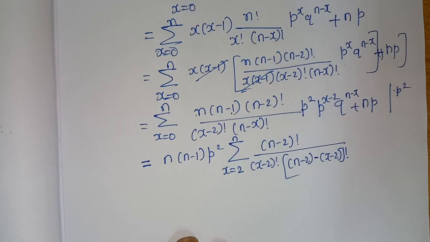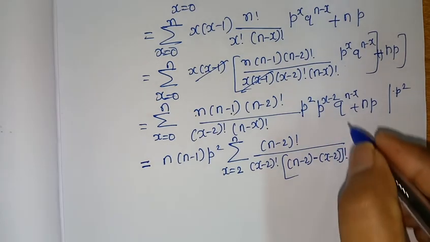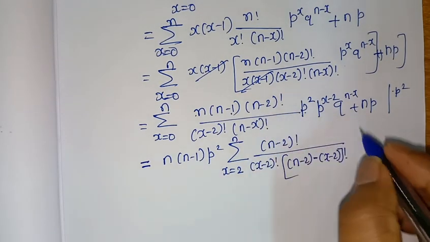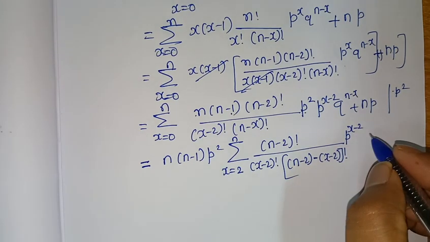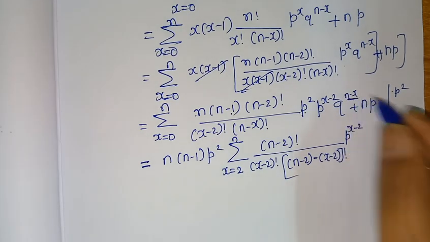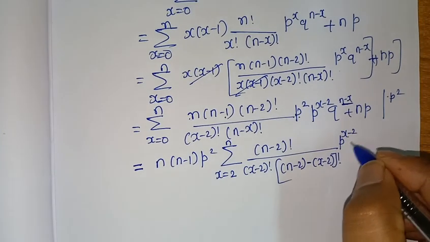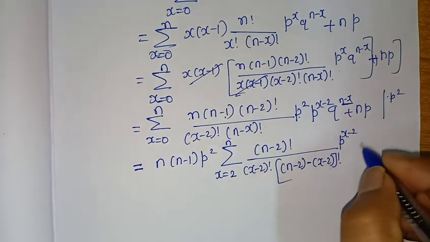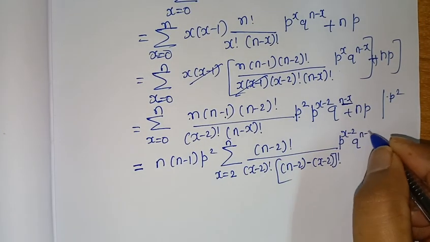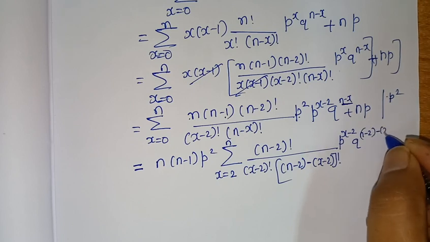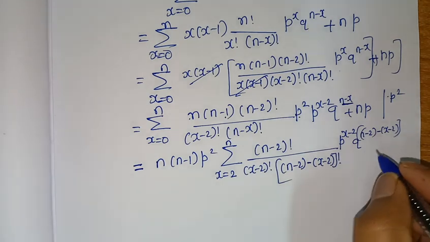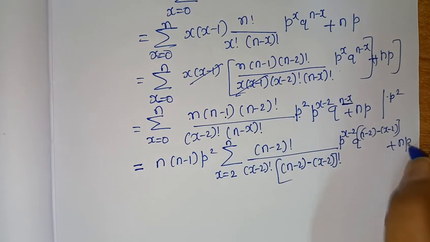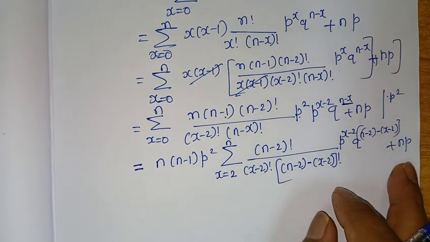This p square I have written outside, we are left with p power x minus 2. Also this q power n minus x we have to write in the n minus 2 form. So q power n minus 2 minus x minus 2, plus that last term np.